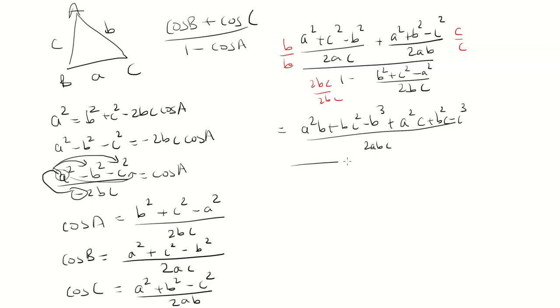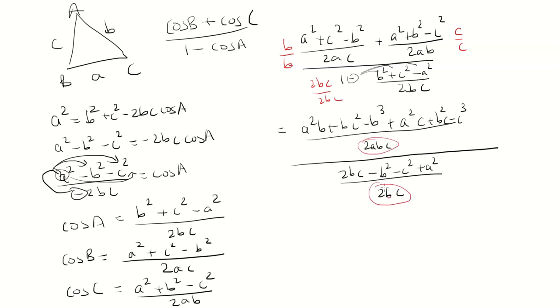And then in the denominator, I'm going to do the same thing and bring them together. We have 2bc, but this negative has to distribute to b squared, c squared, and negative a squared. That's going to be all over 2bc. Now at this point we can simplify denominator with denominator.